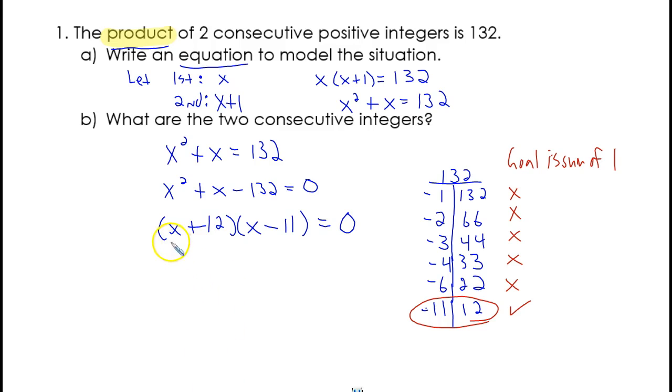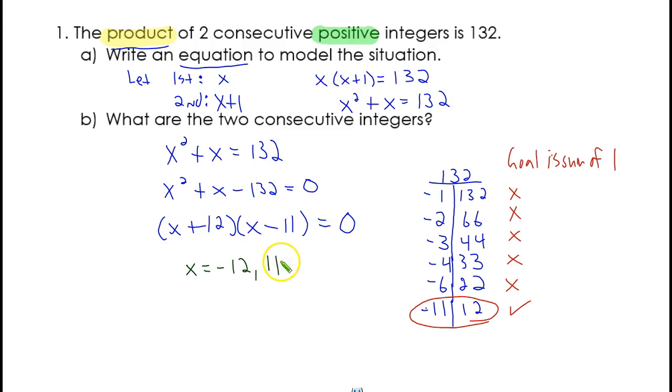So if I set x plus 12 equal to 0, I get negative 12 as my first solution. When I set x minus 11 equal to 0, I get positive 11 as one of my solutions. And remember that in this problem, it asks us to find two consecutive positive integers.